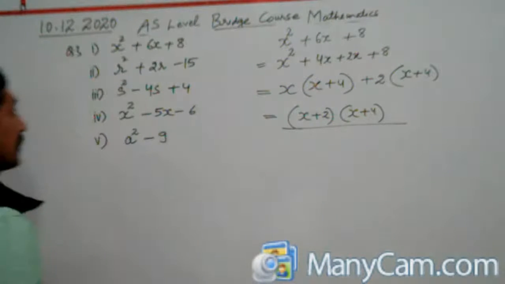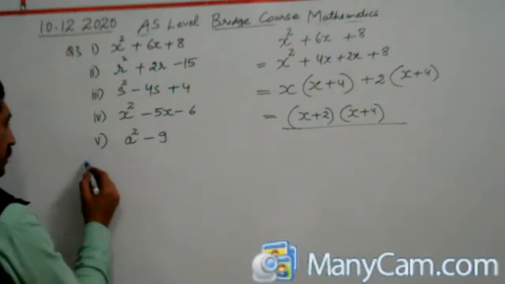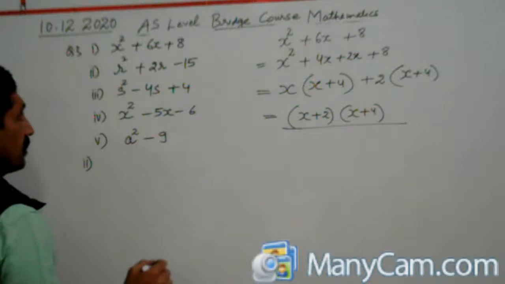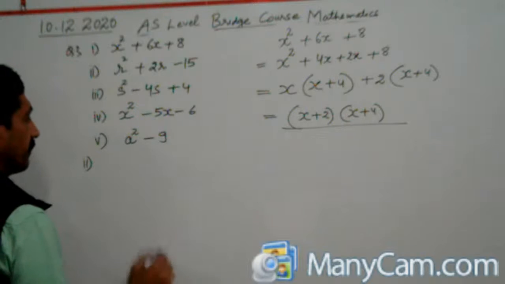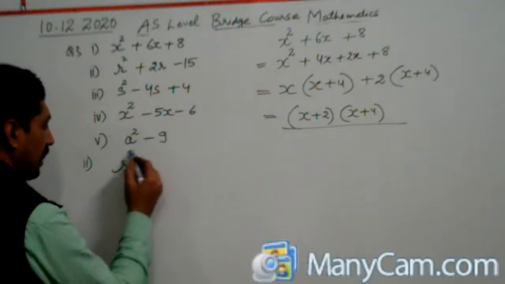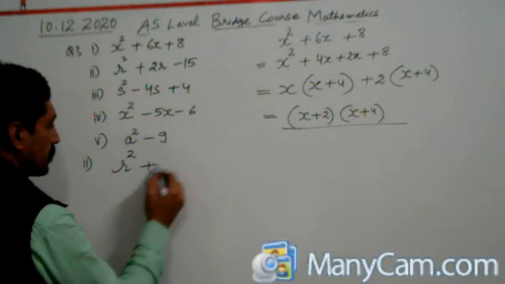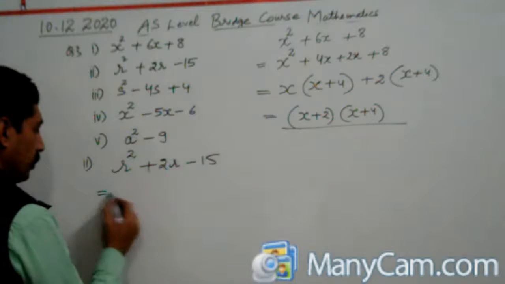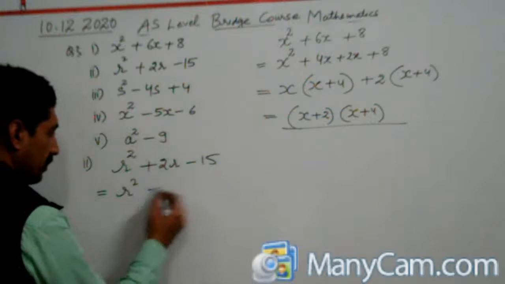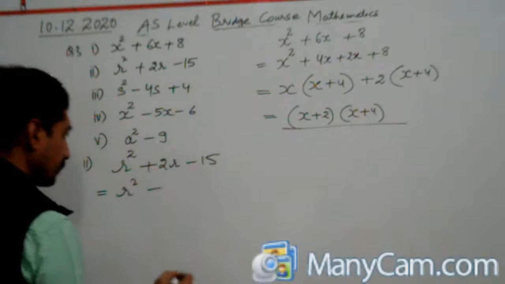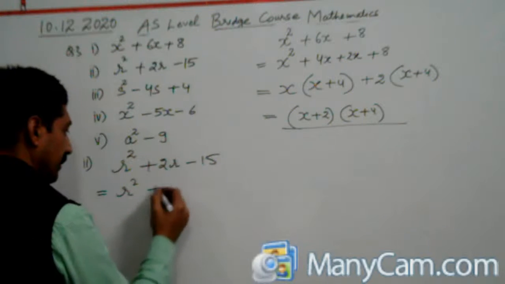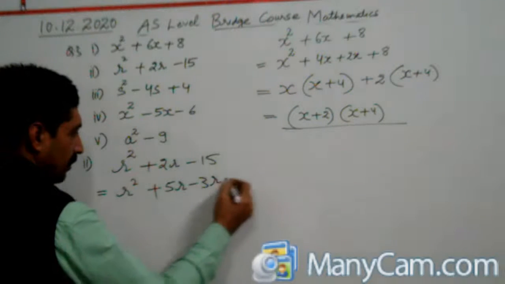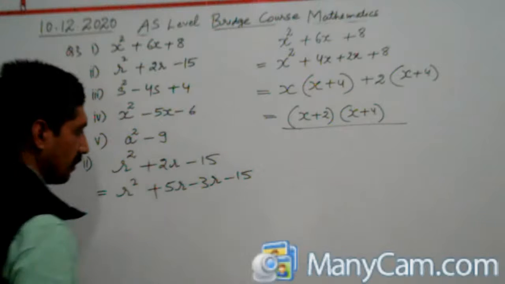Same for the second one, r square plus 2r minus 15. For 15, we use 3 and 5. What will we do? Write r square plus 5r minus 3r minus 15, right?